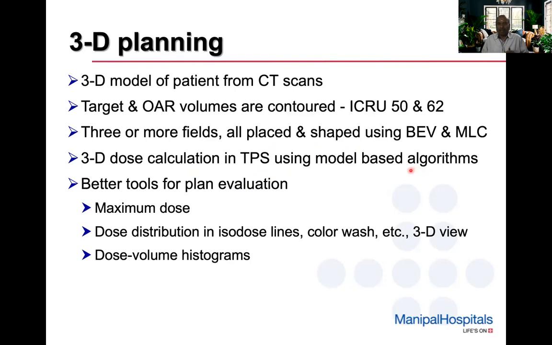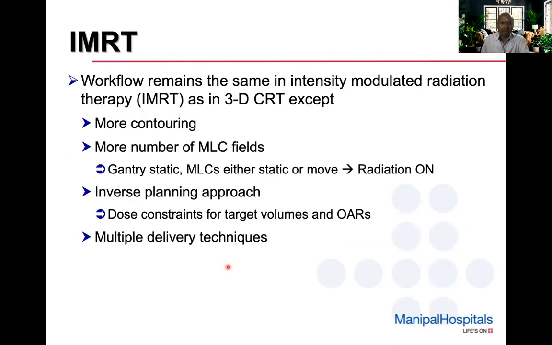We have come a long way from the lookup table-based algorithms, and we have got better tools for plan evaluation in these planning systems, like maximum dose and dose distribution, which we can see in isodose lines format or dose cloud or in color wash, and also in 3D view. And also dose volume histograms are present in these planning systems.